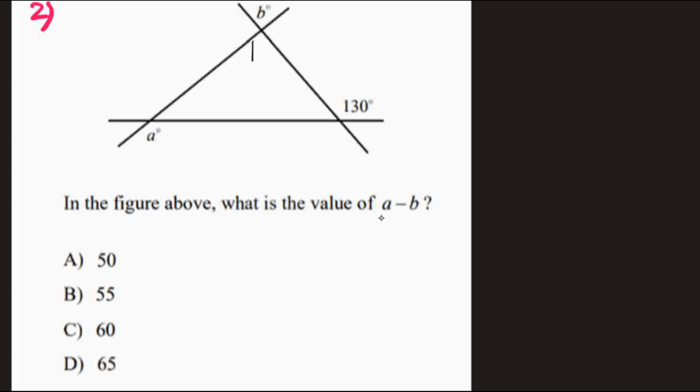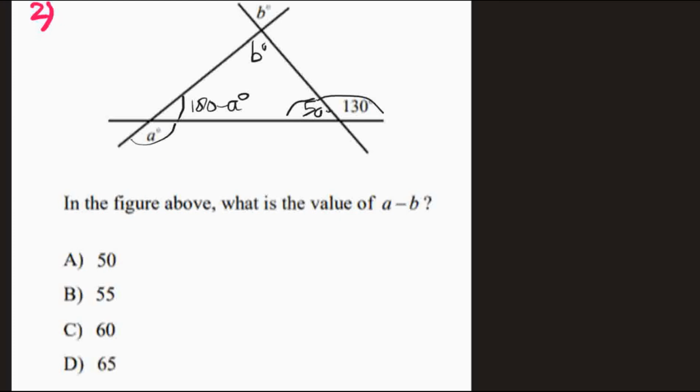So this is B. This is a straight line between this one and this one, forming a straight line, so this must be 180 minus A degrees. Now this will be 50, because these two angles also make 180. 180 minus 130 is 50.